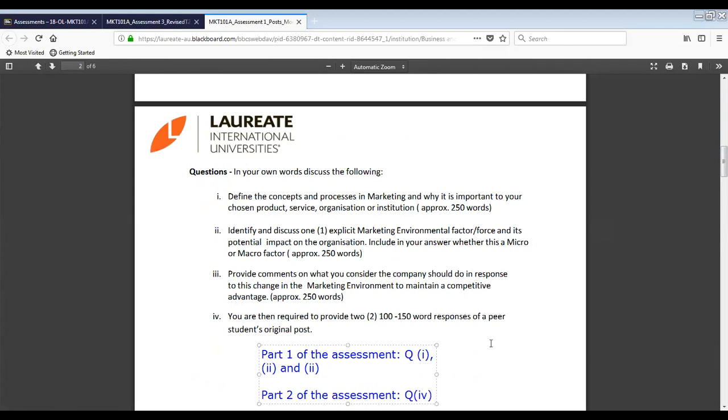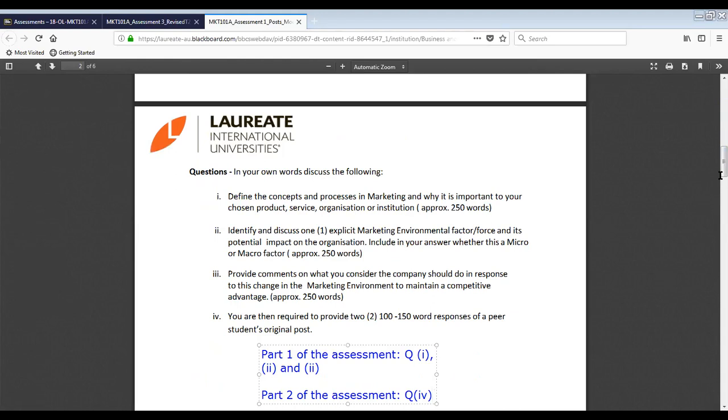So provide feedback for 2 students. Well, you can target around 150 words for each response. That makes another 250 words, basically. 250 words in total.